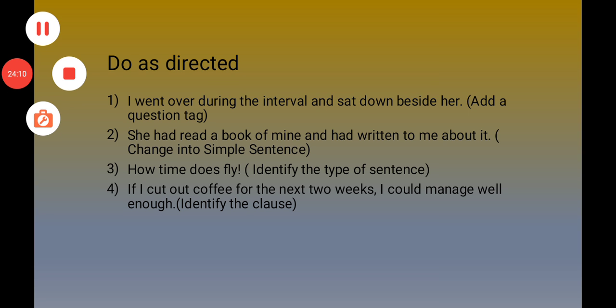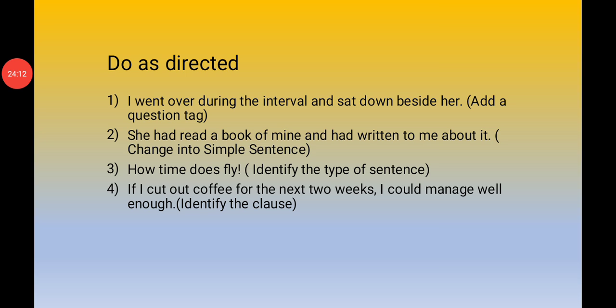Had read is the verb, but had is the helping verb and the main verb is read. So, the ing form of the verb. What is the ing form of the verb? Reading. So, how will you write it in a simple sentence?